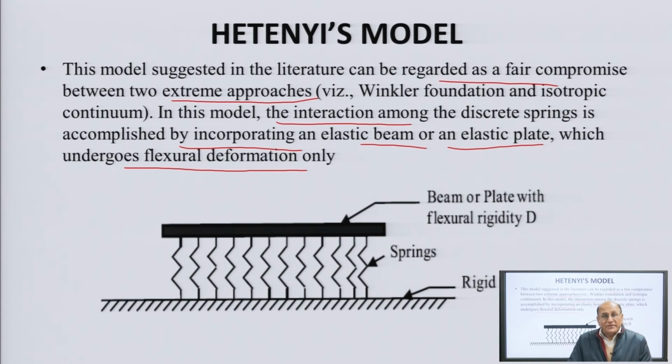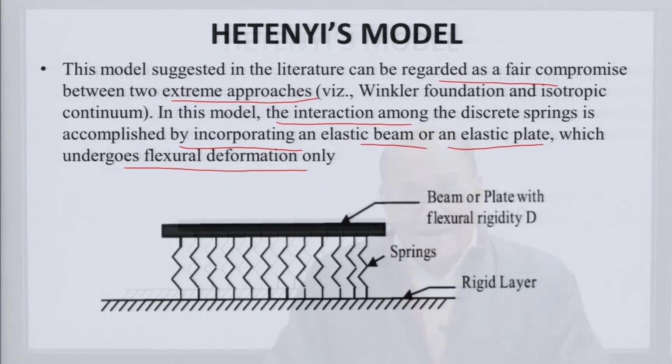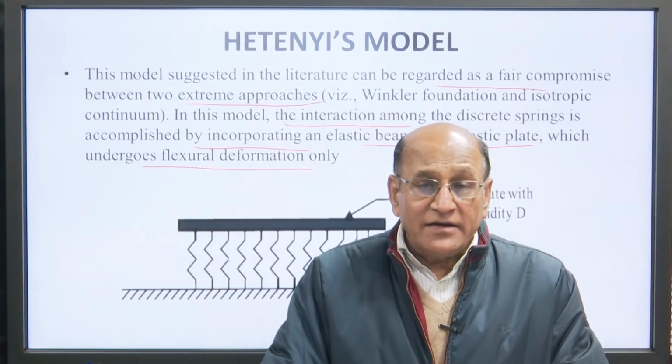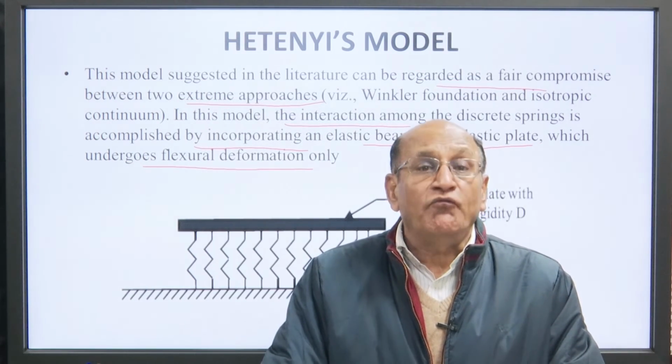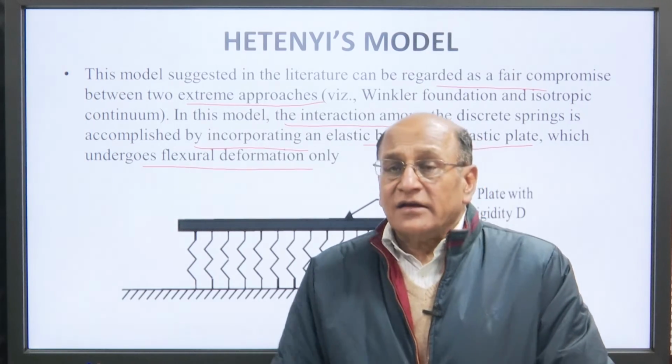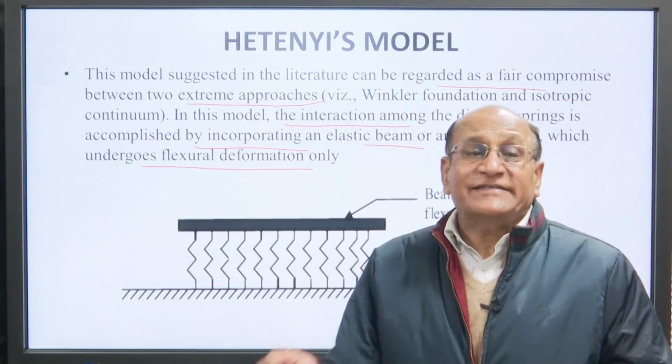What happened? In the models we have discussed earlier, each spring has a separate identity, meaning they are not dependent on the other's behavior, whereas in the second a sheet of membrane is placed over it to work together. Here both are extreme cases.